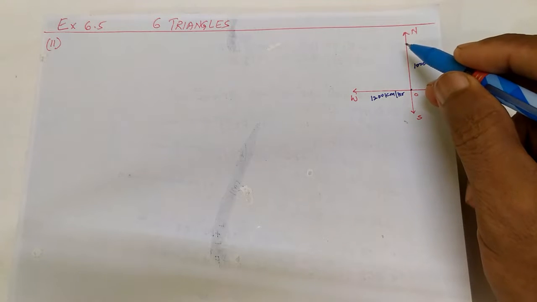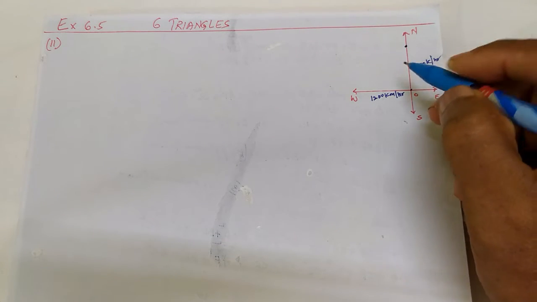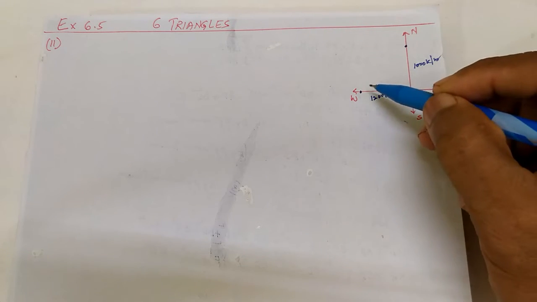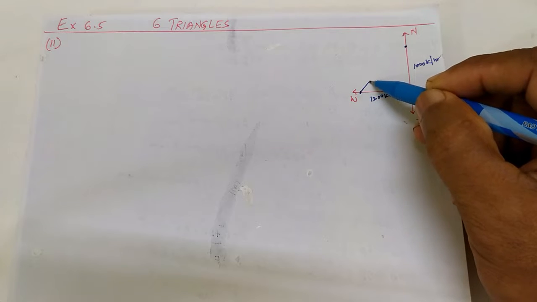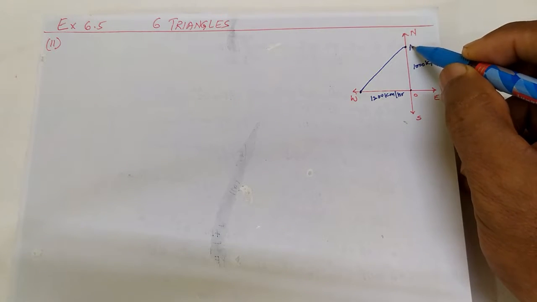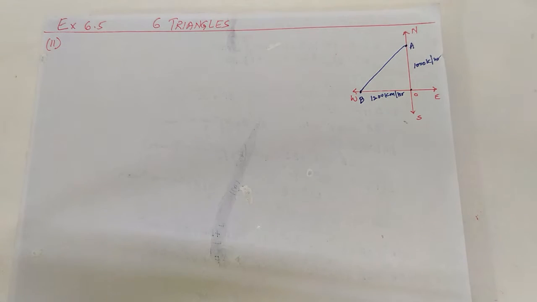So 1.5 hours later, say this aeroplane reaches this point and this aeroplane reaches this point. The problem says that you have to calculate this distance. Let us call them A and B. So this is the distance that is required to be calculated.